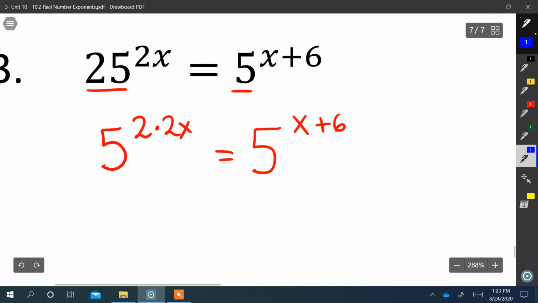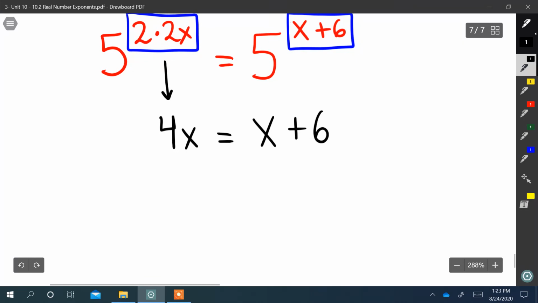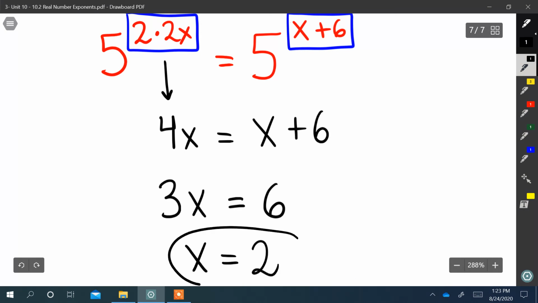As you can see, now I have the same base. That means that the exponents must be equal to each other. Of course, 2 times 2x will give me that 4x that I need, and then I have x plus 6. Subtract x on both sides and you will get 3x is equal to 6, which means that x better equal 2.